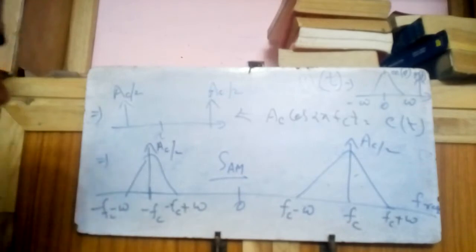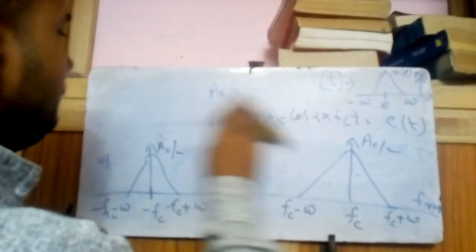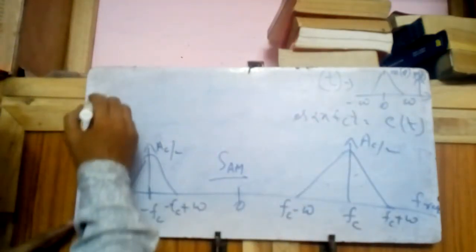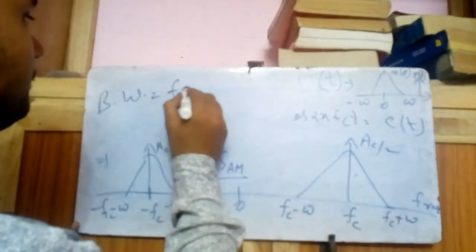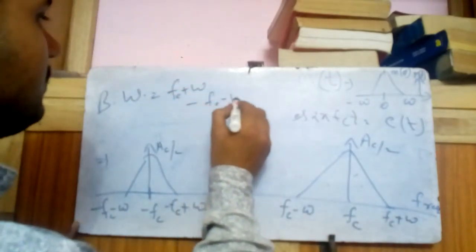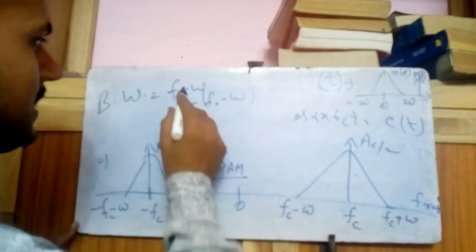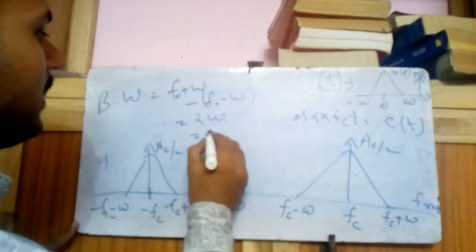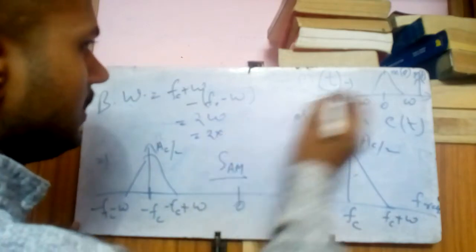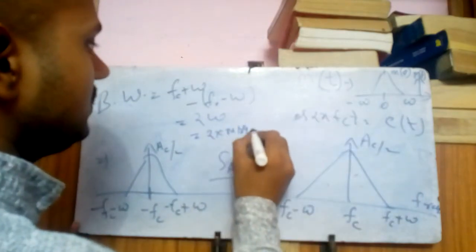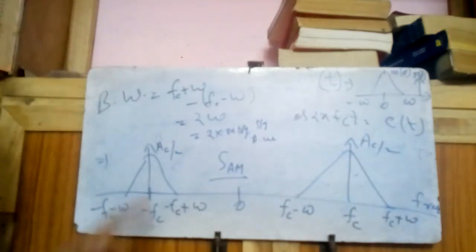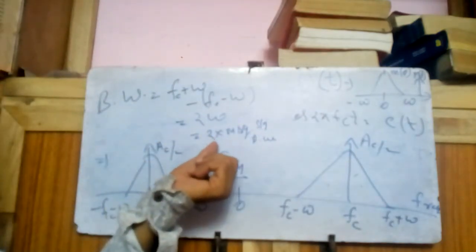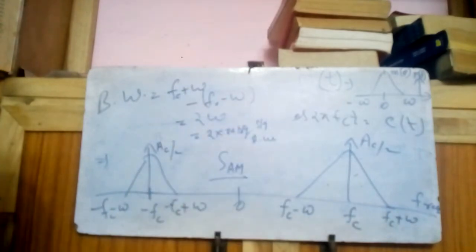Then the bandwidth will be fc plus omega minus fc minus omega. fc cancels, omega plus omega is 2 omega. 2 into omega, where omega is the bandwidth of the message signal, right? So AM bandwidth is 2 times the message signal bandwidth.